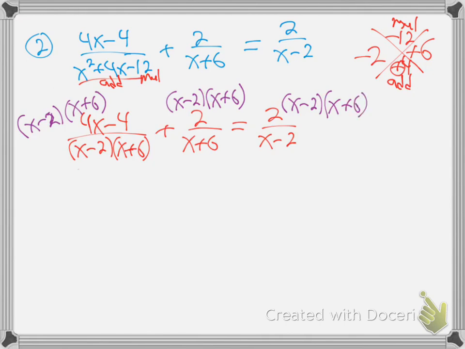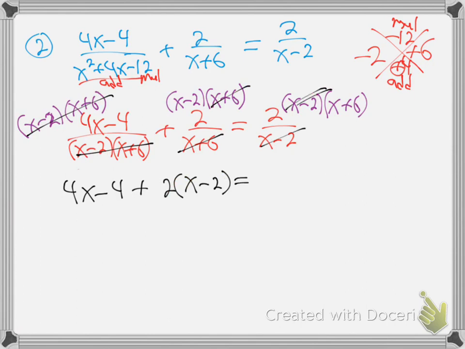So now we cross cancel whatever we can and multiply the leftovers. So these both cancel, and we just bring down the 4x minus 4. Here the x plus 6 cancels, and we have 2x minus 2. Here the x minus 2's cancel, and we have 2x plus 6.